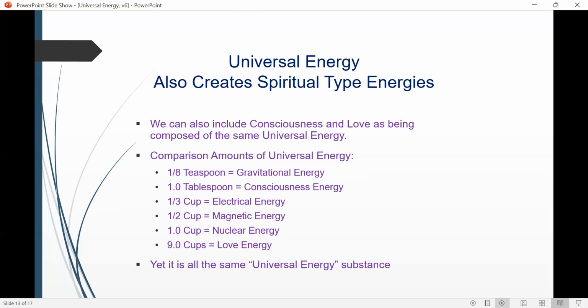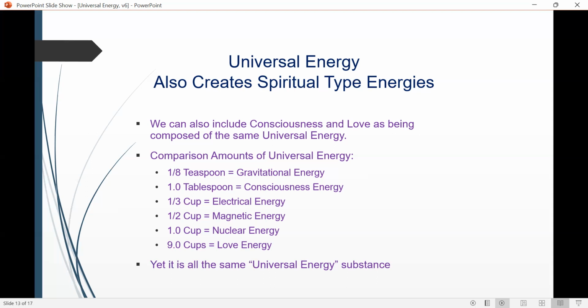Love energy is at the very largest. You think nuclear energy is strong, it's love energy that's really, really super strong. When it comes to the whole universe, the love energy is a superpower of amazing force. Keep that in mind.